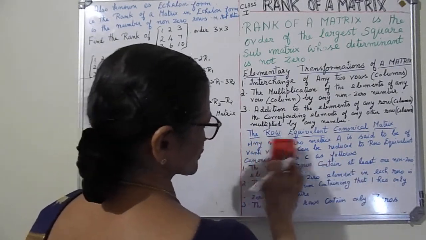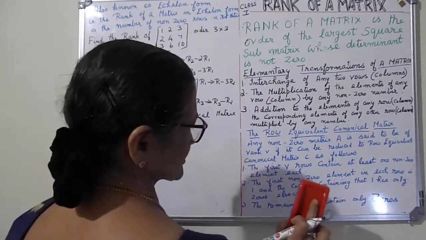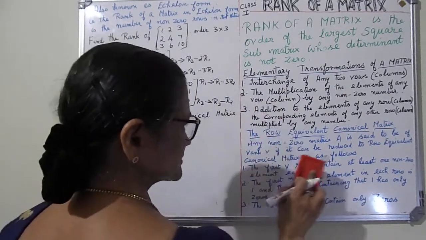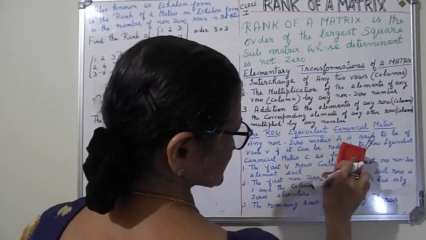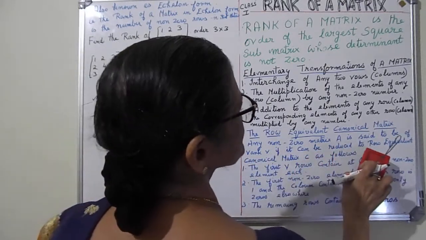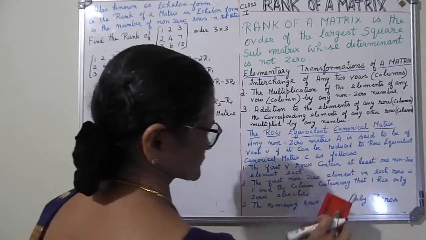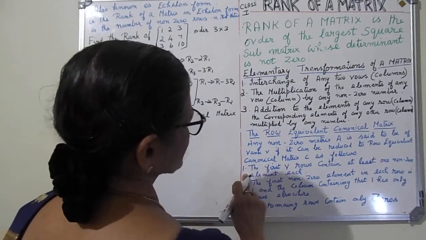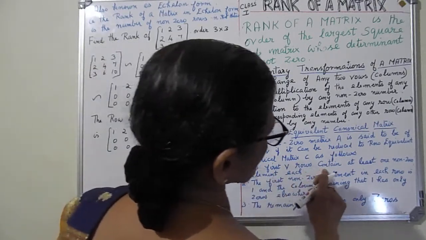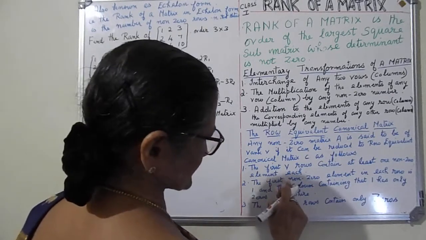The row equivalent canonical matrix. What is a row equivalent canonical matrix? Any non-zero matrix A is said to be of rank R if it can be reduced to a row equivalent canonical matrix C as follows. Number 1, the first R rows contain at least one non-zero element each.